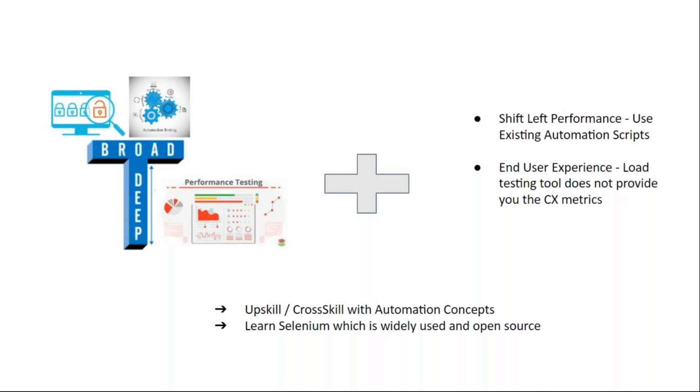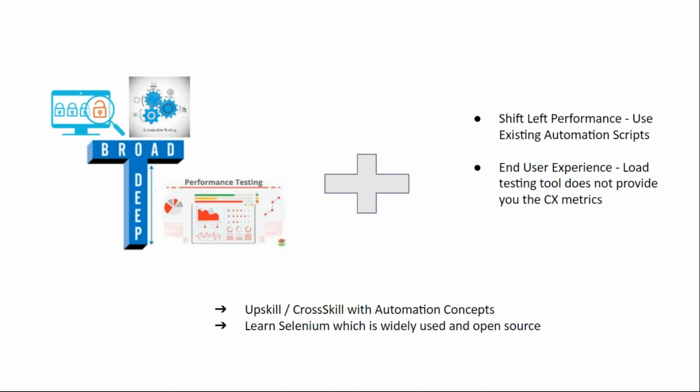If you look at this T-shaped skill set, right? You have one area with a depth of knowledge. If you are already a performance tester, you might be very good in JMeter or LoadRunner, executions, analysis, all these things. You have deep knowledge in that. At some point of time, you should also be able to expand your knowledge in a broader way. So say security testing or automation testing or any other kind of testing.